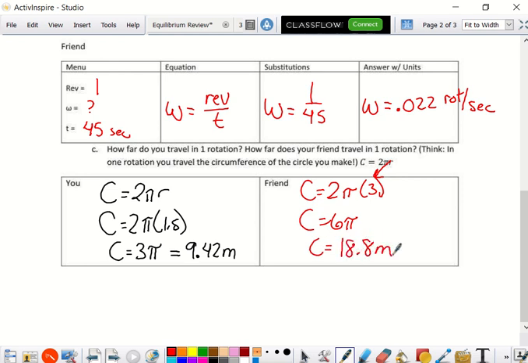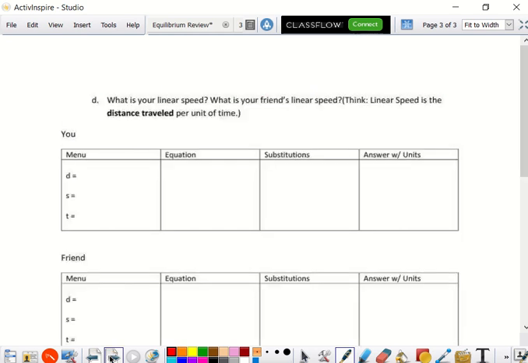All right, now the next page, we'll have to look back at what we just wrote down. What is your linear speed? For me, speed is distance over time. It was 45 seconds.